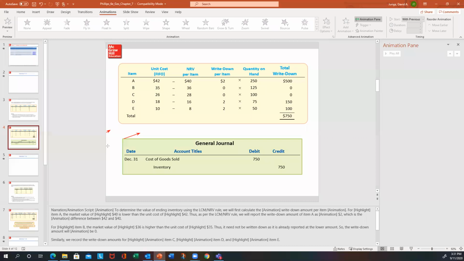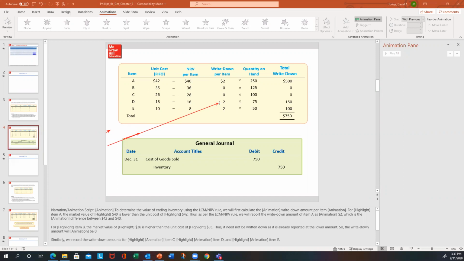You'll notice, again, going one by one, if cost is 42 and the market's 40, that's a difference of 2. That's going to be a write-down. So 2 times 250 would be $500. On item B, the cost is still less than market, which is what you want, so there's nothing to do. Same thing with item C, the cost is less than market. Again, no write-down. Letter D, the cost is more than the market, so the market's gone down.